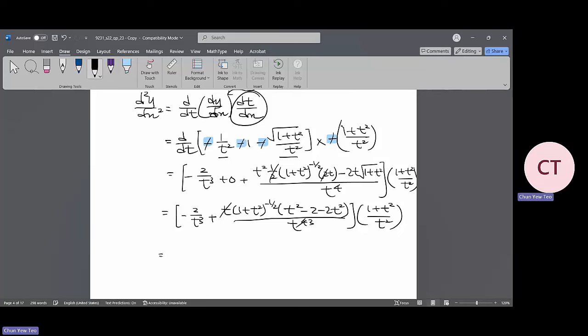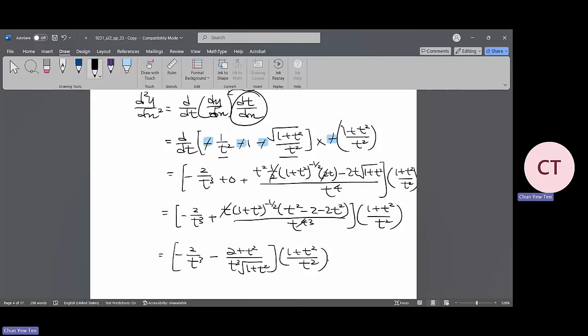So you will get negative 2 over t cubed plus, we have a minus, 2 plus t squared over t cubed square root of 1 plus t squared, and the whole thing multiplied by 1 plus t squared over t squared.